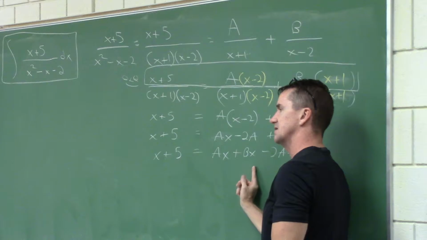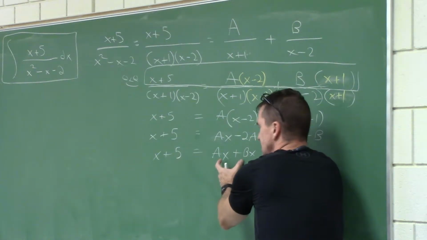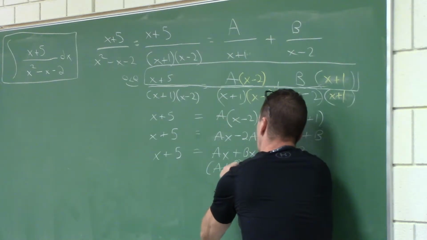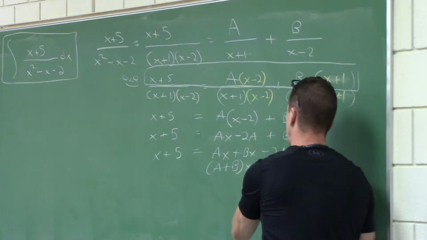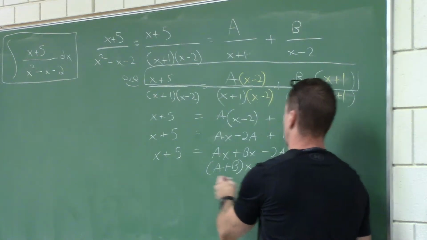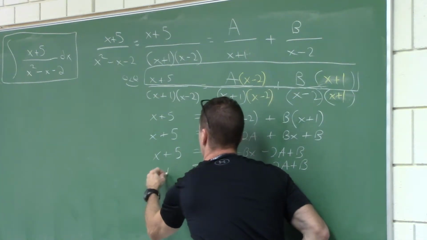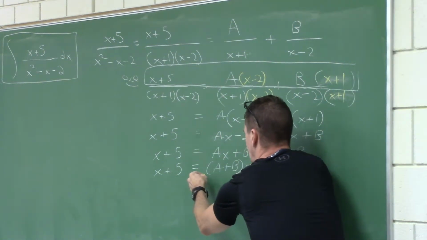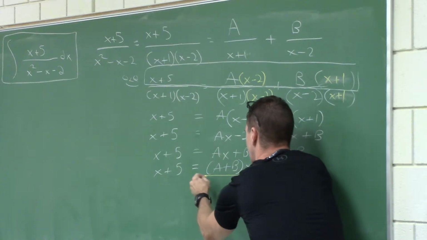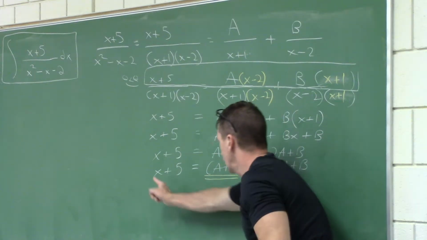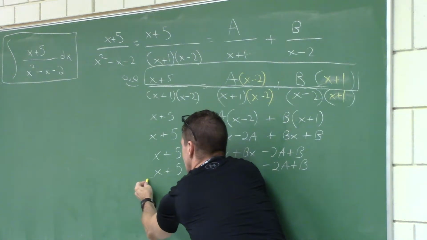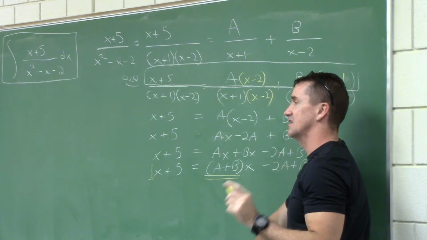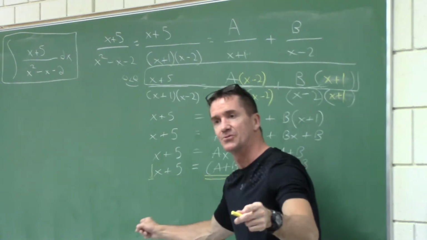Can I factor something out? I can factor an x out of that. What would you be left with? I'm going to write A plus B times x, and just leave this constant negative 2A. All right, now we're ready. What's in front of the x on the right side of the equation? A plus B. What's in front of the x on the left side of the equation? A 1. So now we're just going to write A plus B must be equal to 1.